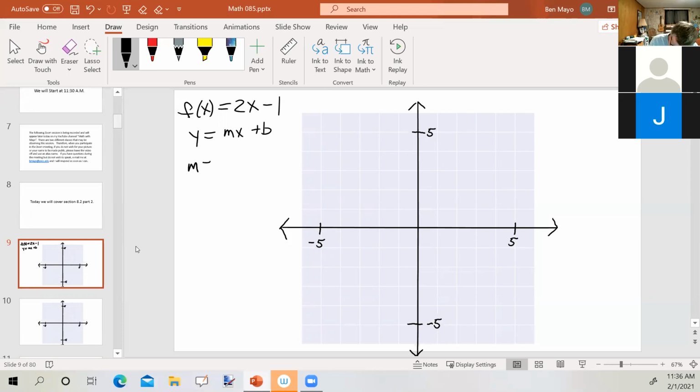Recall that m is the slope, which in this case would be 2, or 2 over 1. And b is the y-intercept, which in this case would be negative 1. So to graph that, we'd start at negative 1 and go up 2 over 1.